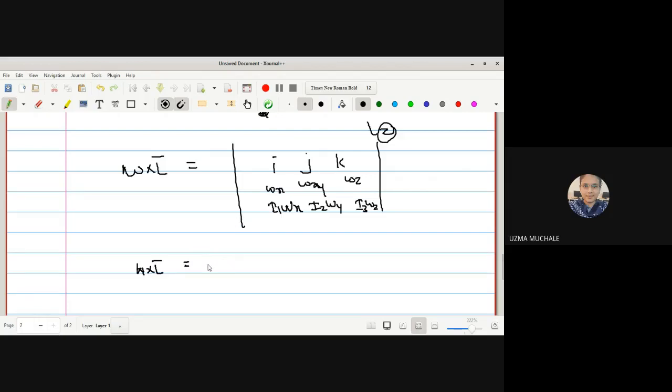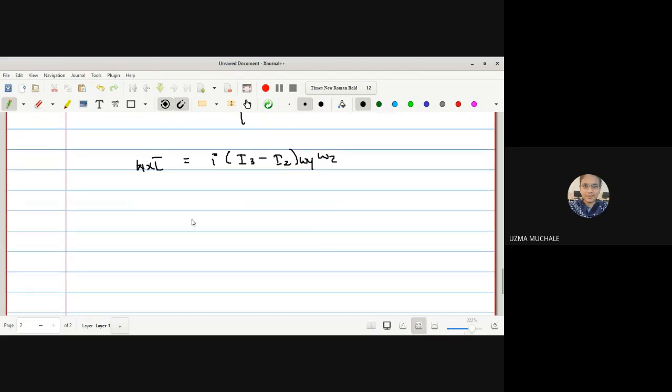So I will write W cross L as i times I3 minus I2, Wy, Wz, minus j times I3 minus I1, Wx, Wz, plus k times I2 minus I1, Wx, Wy.